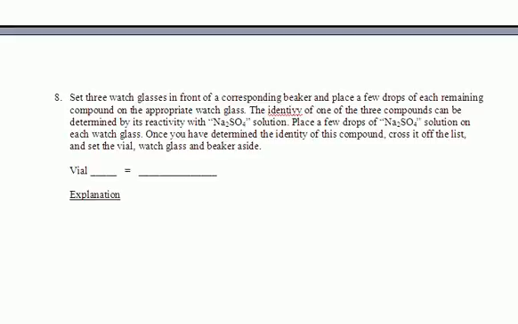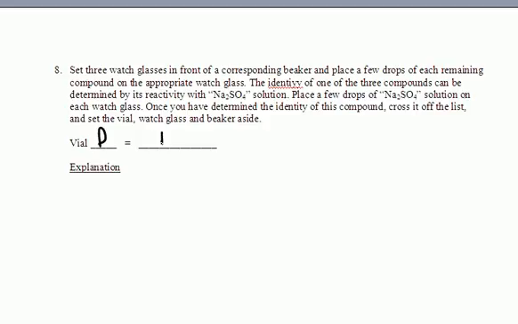On this next one, the answer was D, and that was barium chloride. This is a little tricky, and I'm going to write out how we got this solution. What we did is we took the remaining compounds. One was NaCl, one was BaCl2, and the other was NH4Cl. Sodium chloride, barium chloride, and ammonium chloride.